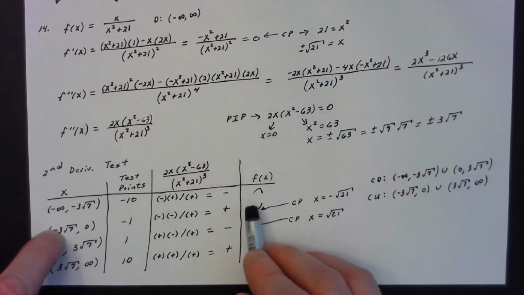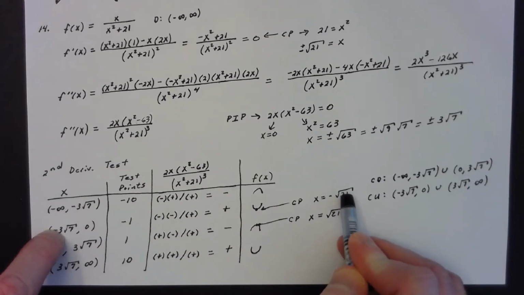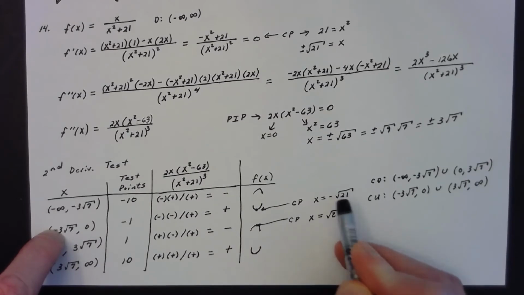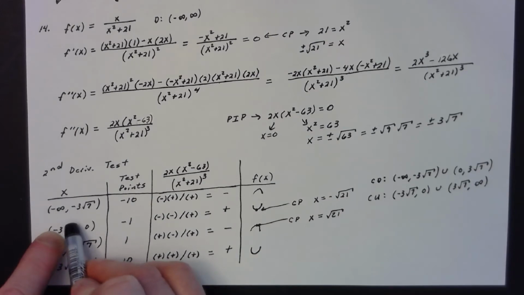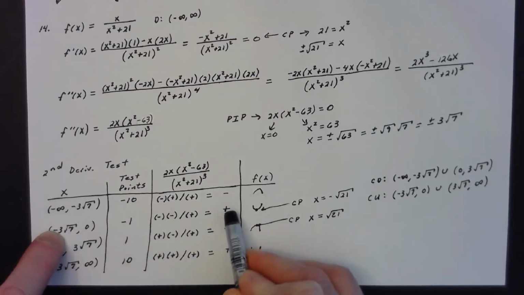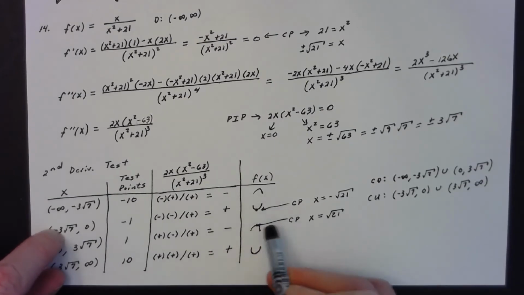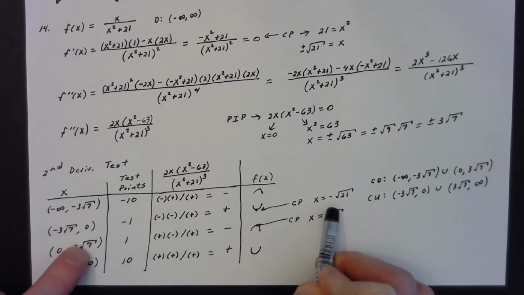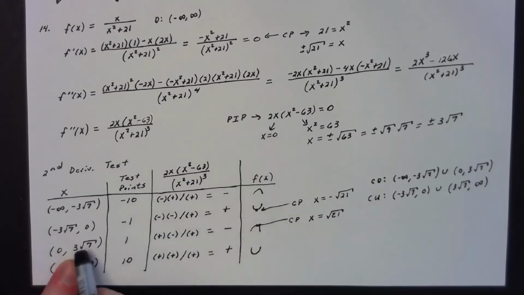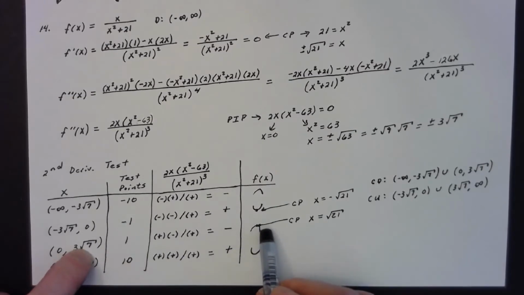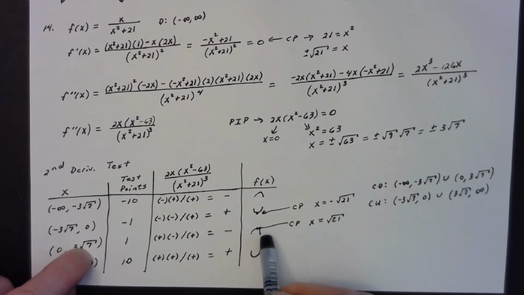The only critical point that can lie within a region that's concave up has to be a minimum. So all I have to do is see where the critical point would lie in the second derivative test. If it falls within a region that's concave up, it has to be a minimum because the function's U-shaped in that region. If the critical point, such as the square root of 21, which would be 4.58, falls between these two numbers, well, that's in a portion of the graph that is concave down, has negative concavity.